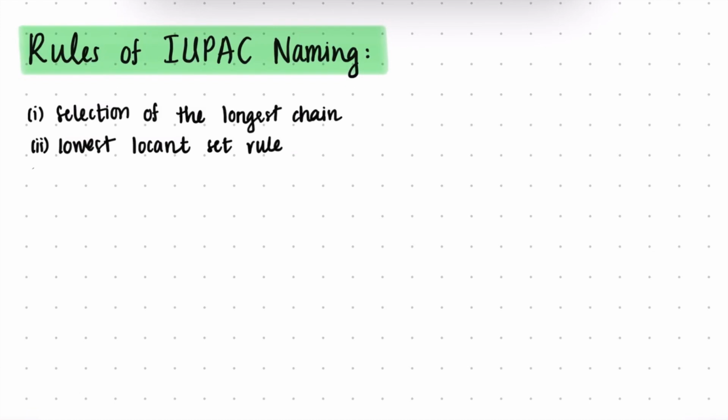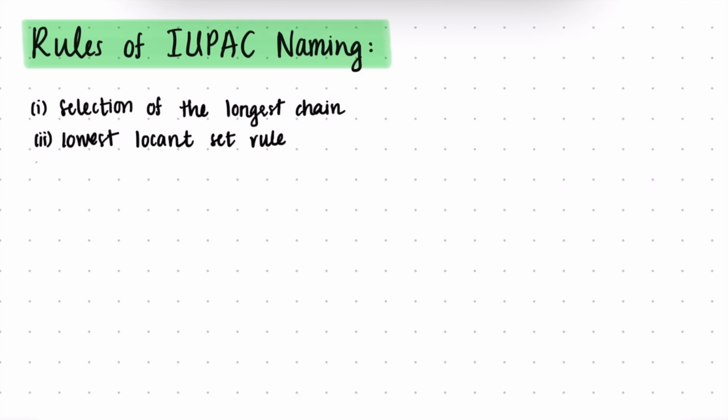So now let's talk about the rules of IUPAC naming. We have two main rules, and under those rules we've got a lot of explanation, but let's talk about the two main rules first. The first rule right here is the selection of the longest chain.